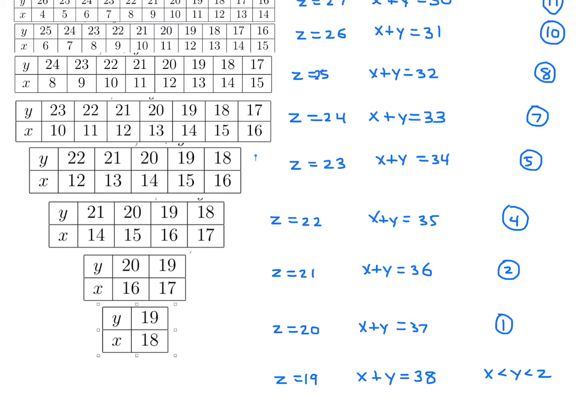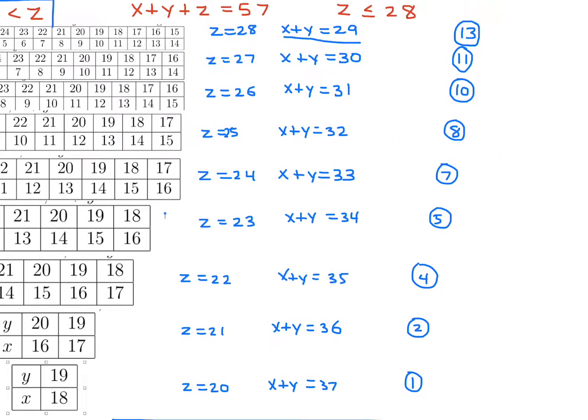If, for example, I chose x equals 19, then y would have to be 19. And you can't have both of them equal because one has to be less. If I said, okay, fine, let me choose x equals 18. If x equals 18, then y is equal to 20. And, well, that doesn't work because y has to be less than z. You see what I mean? So once you get down to z equals 19, there's no way to make that work. So that's where we stop right here.